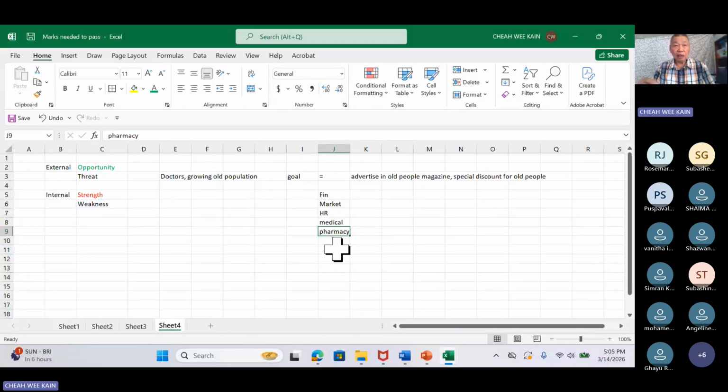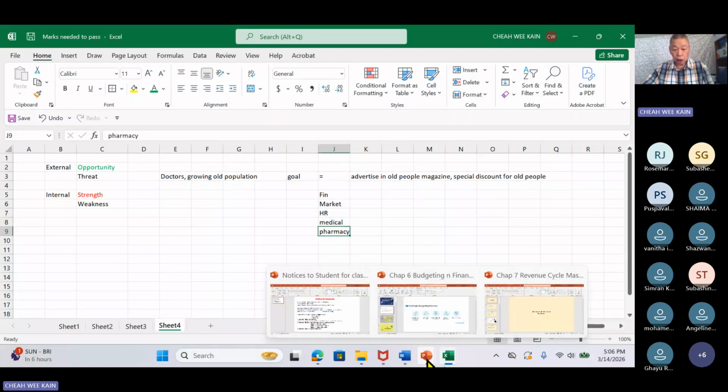If the pharmacy has its own goal to buy young people's medicine, no meaning. Is pharmacy going to buy sunblock for old people? No, old people don't get sunburn because they escape from the sun. So pharmacy must buy diabetic medicine or something like that, Alzheimer medicine. That is how you make the budget.